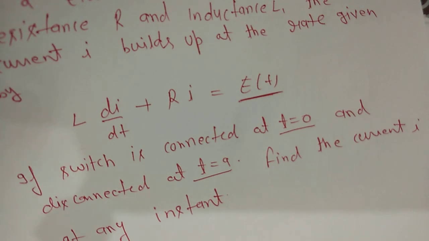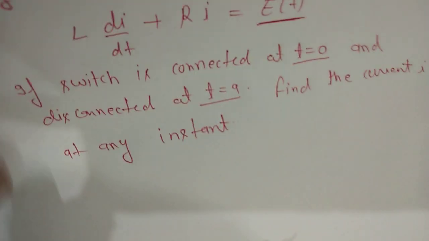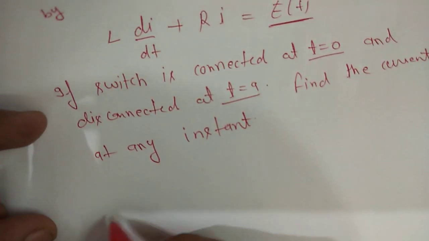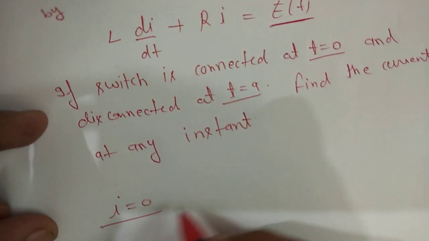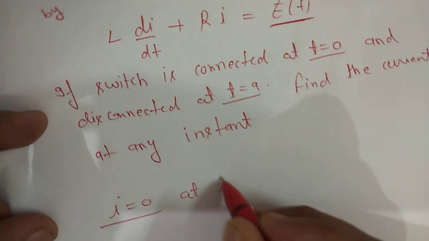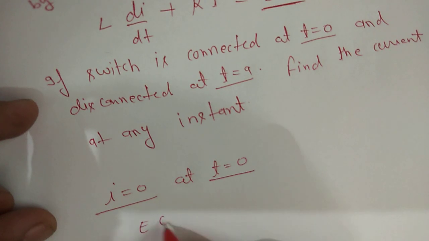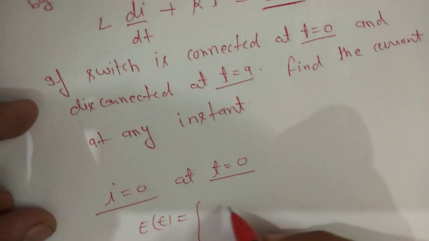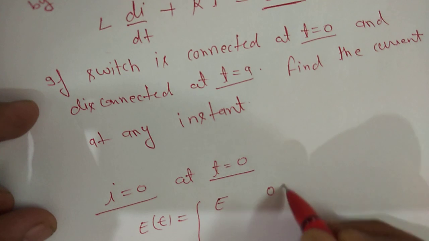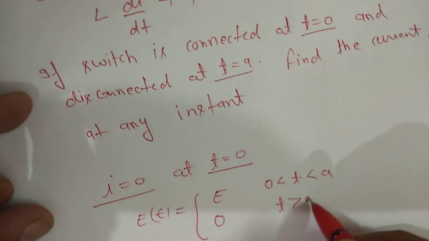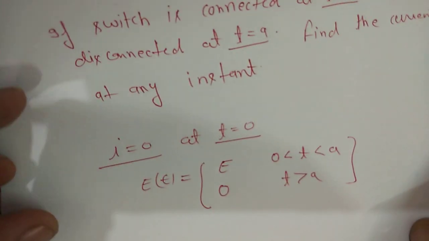So what is the boundary condition? The boundary condition is I = 0 at t = 0, and E(t) will be E when t varies from 0 to a, and 0 when t is greater than a, because after a it is disconnected.